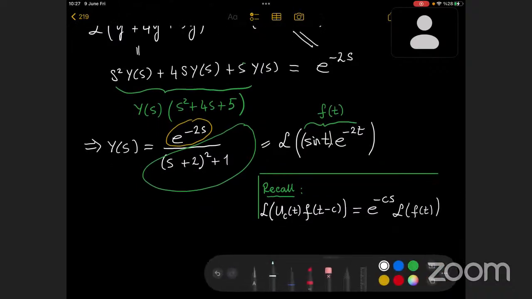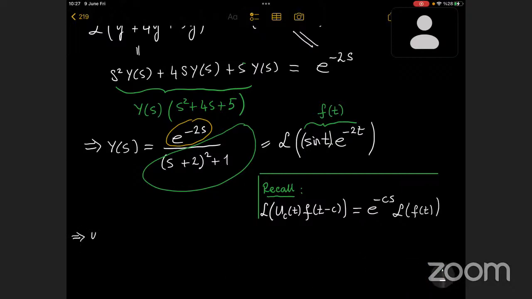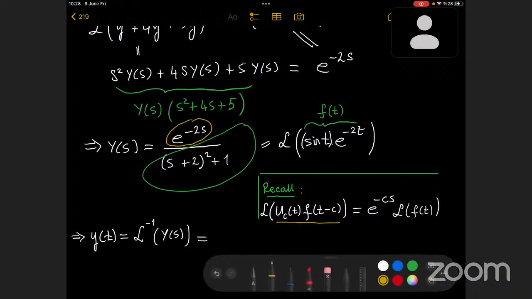This implies y(t) is the inverse Laplace of Y(s). Şimdi o sağ tarafı elde etmek için şuna benzer bir şey olacak değil mi? Yani buradaki c 2.